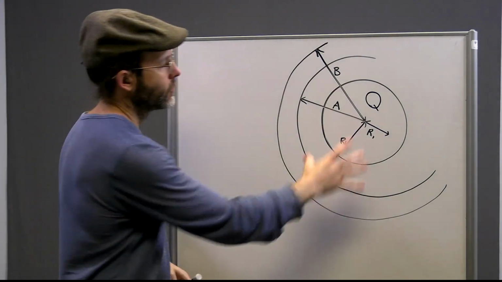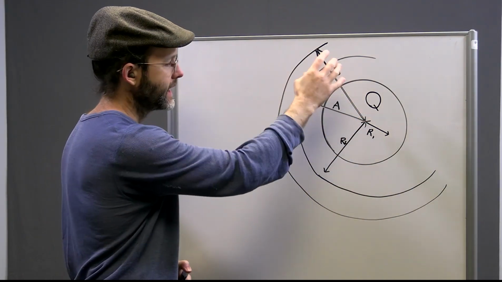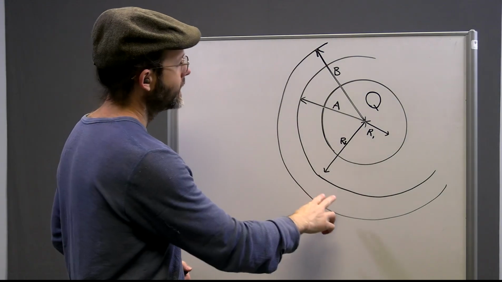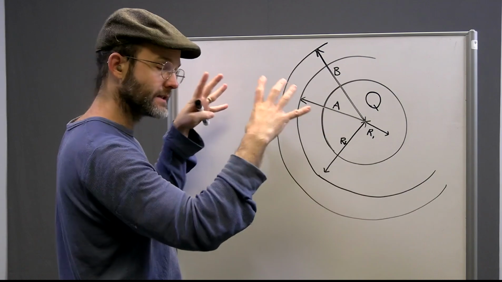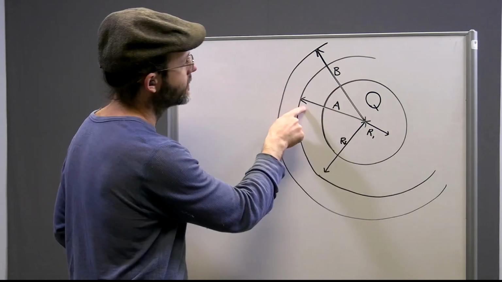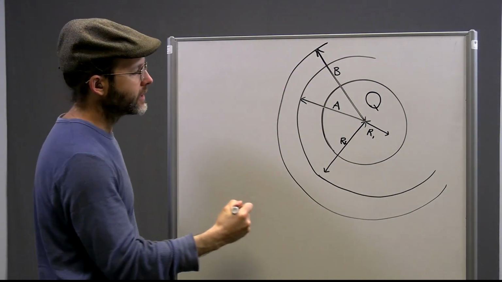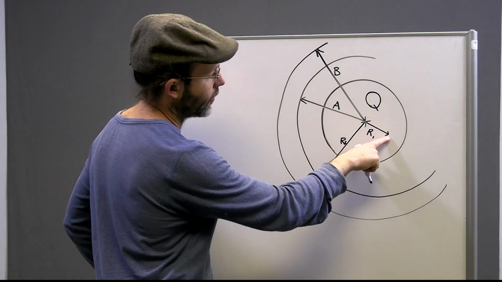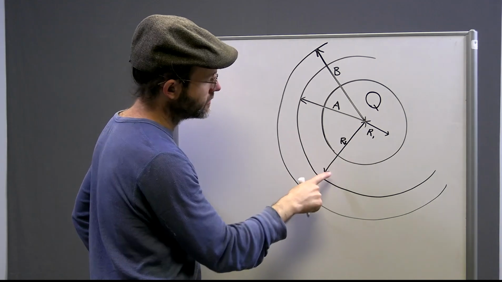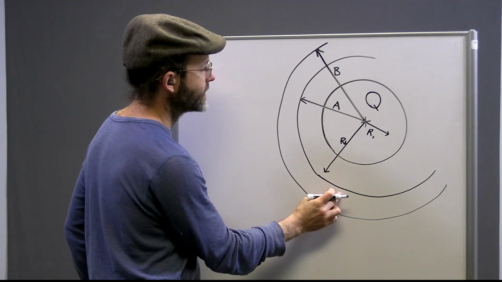So if you imagine this all together, we have a solid spherical ball right in the middle. It's an insulating sphere. It has a uniform charge density. And then outside of it is this concentric spherical shell, a hollow shell with internal radius A and external radius B. And so we want to evaluate the fields at R1 inside the solid sphere, R2 between the solid sphere and the spherical shell.